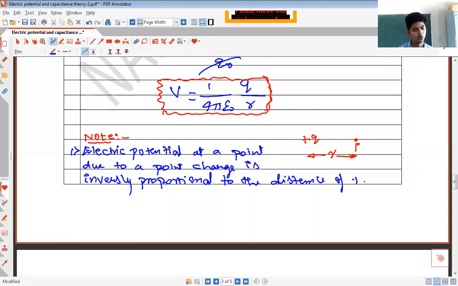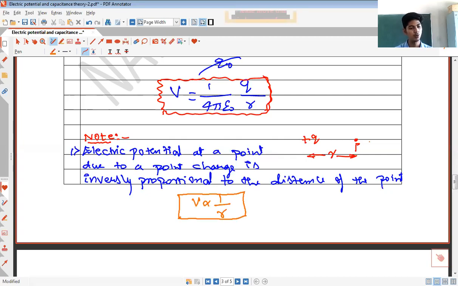So we can write V is inversely proportional to R. So as the distance of this point increases from the source charge, the electric potential goes on decreasing. So this is the dependency of electric potential on the distance.